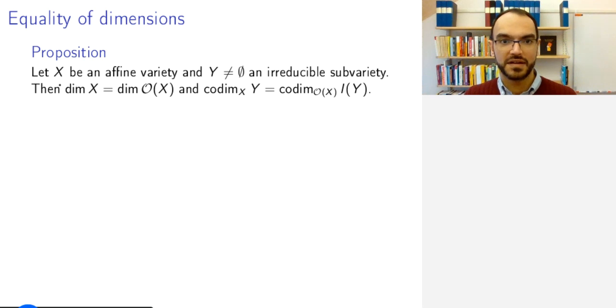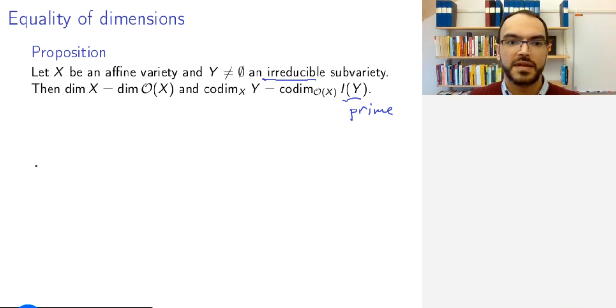If you have an affine variety X, then the dimension of X as a Noetherian topological space is equal to the Krull dimension of the coordinate ring of X. And if you have an irreducible subvariety Y that is not empty, then the codimension of Y as a subspace equals the codimension of the vanishing ideal of Y as a prime ideal in the ring, or if you wish, the height of I of Y. And notice that since Y is irreducible, I of Y is a prime ideal.